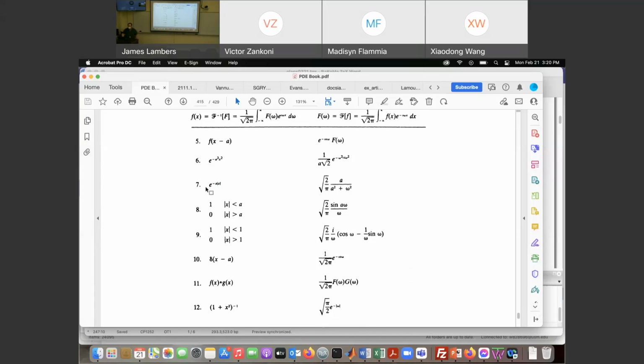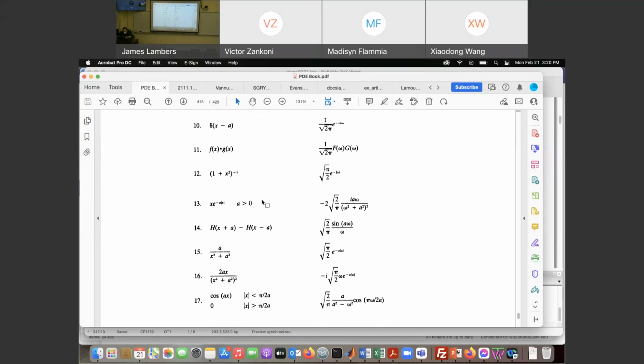But this one doesn't apply because this function is non-zero on the entire real number line. The given function is 0 on half the domain. Now, there might be another rule.